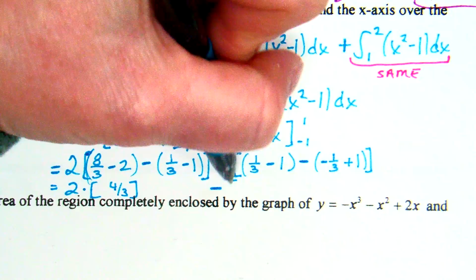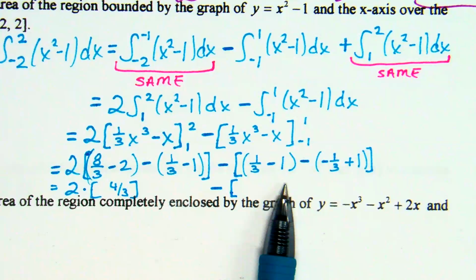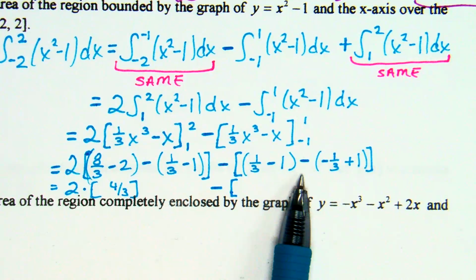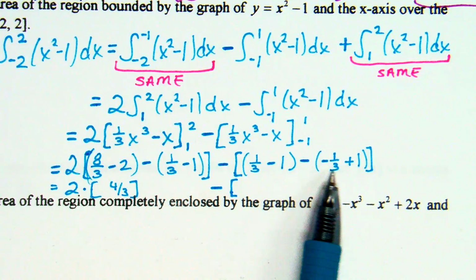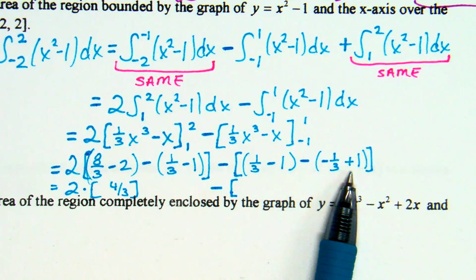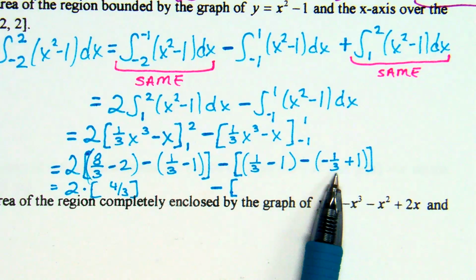minus, we do something similar over here. 1/3 minus 1 is negative 2/3 minus negative 1/3 plus 1 is positive 2/3. So we've got negative 2/3 minus 2/3, which is going to be negative 4/3.